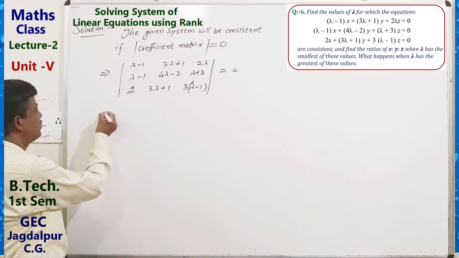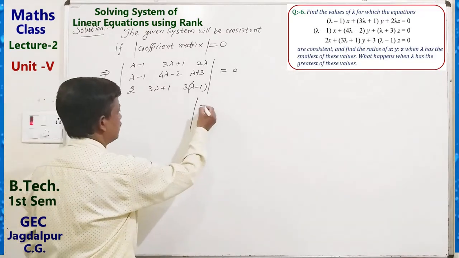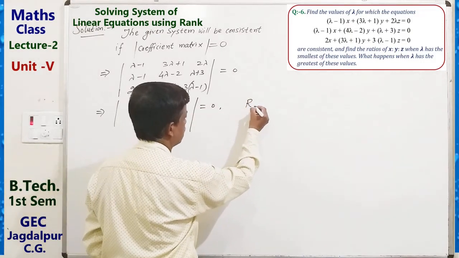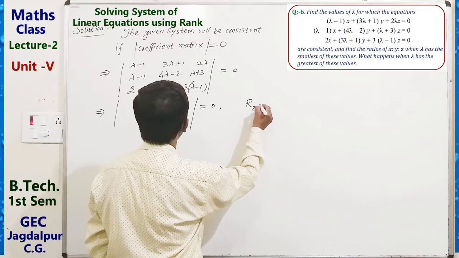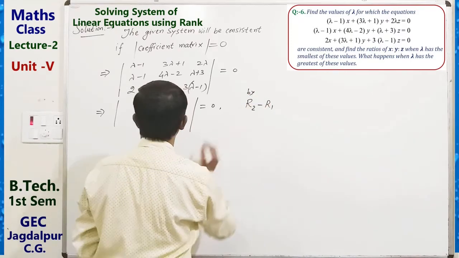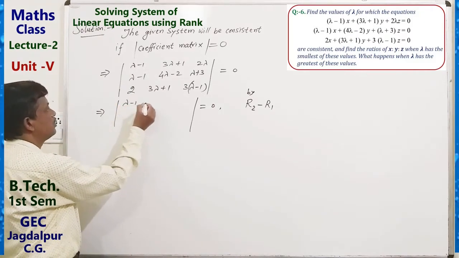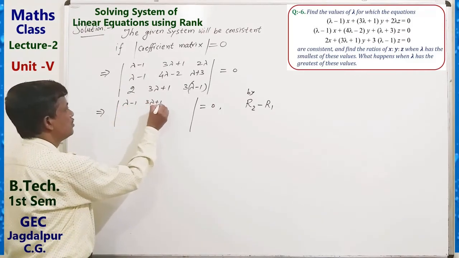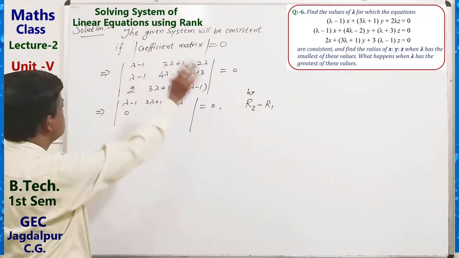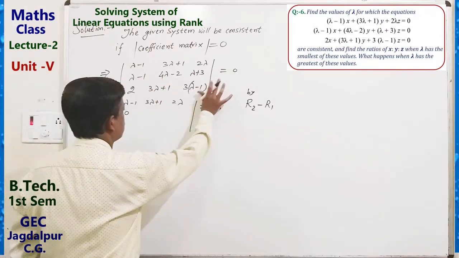Okay, so here in the determinant we can apply R2 minus R1. So here lambda minus 1, 3 lambda plus 1, 2 lambda, this is 0, just this minus this. The determinant can also be solved by properties.